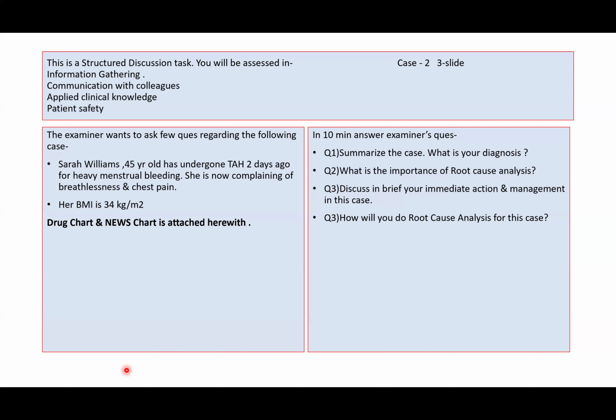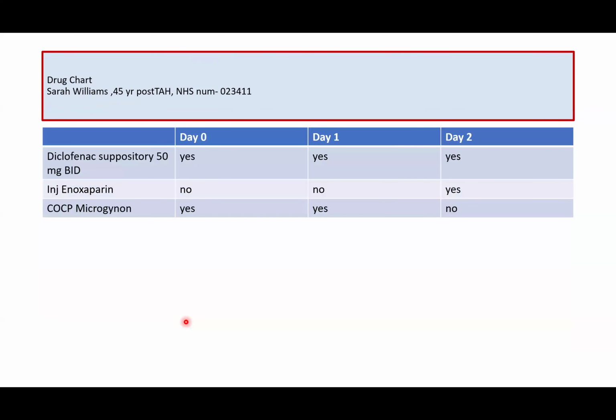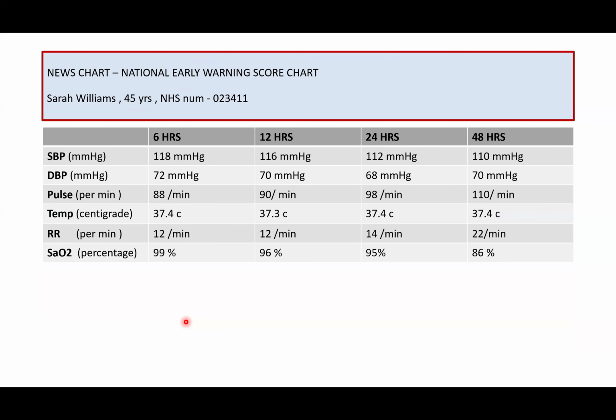Ma'am, next page can I see? Mm-hmm. Okay, ma'am, I'm ready. And there's one more. Okay, this one. Right? Fine. Go through it.